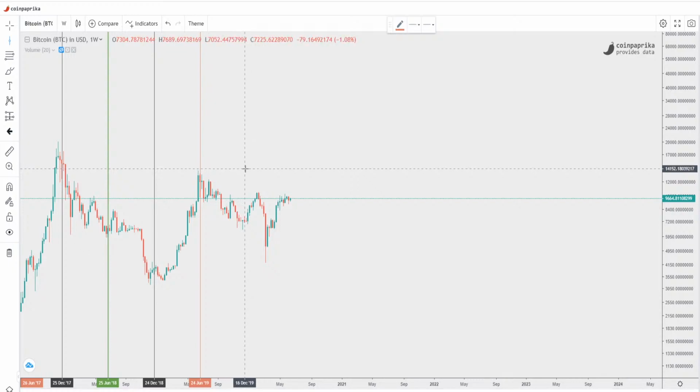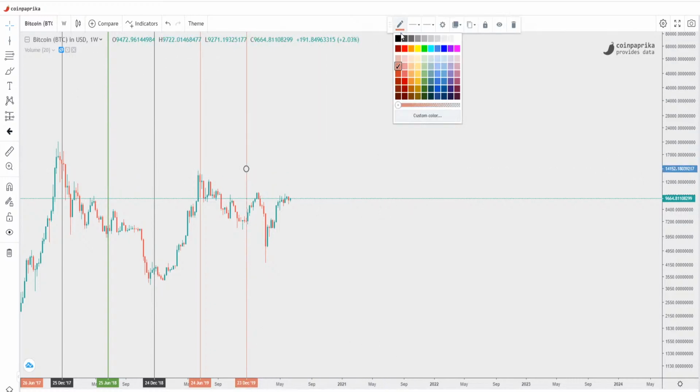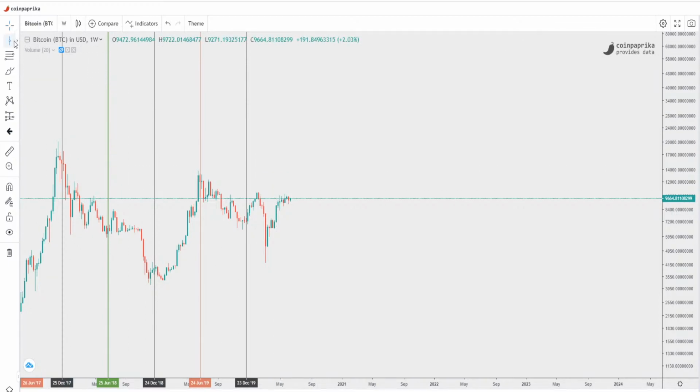Again, we had our bullish winter pivot, again very friendly. Feb, March, and then finally June, which is the next one. Yes, right here.